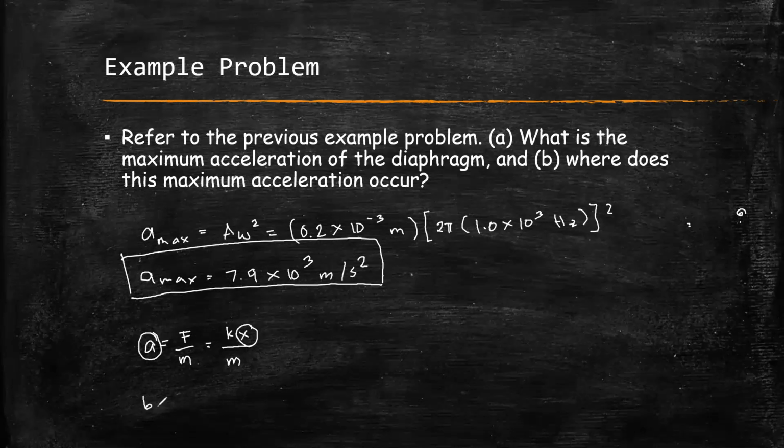So for part B, x is equal to the maximum or minimum amplitude. In our case, in the problem, it is equal to positive or negative 0.2 millimeter.